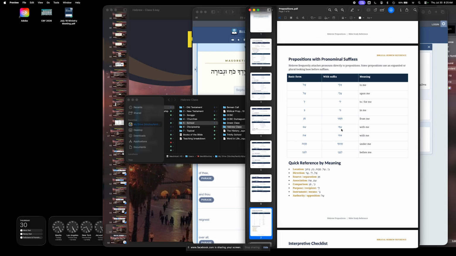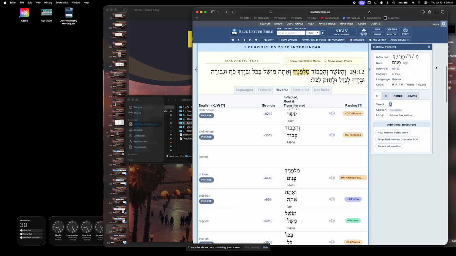So it's going to be "in the presence of." "With" is probably the most common interpretation of it. So it carries the idea of in my presence, before my face, in front of my face.